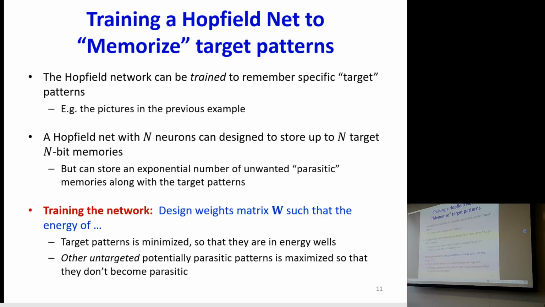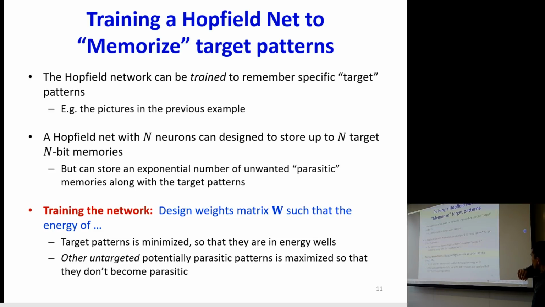We also saw that in the process of trying to make the network remember specific patterns, it ends up also remembering some other kinds of patterns which you didn't intend the network to remember. These are what we will call parasitic memories. And the network can have an exponential number of parasitic memories.